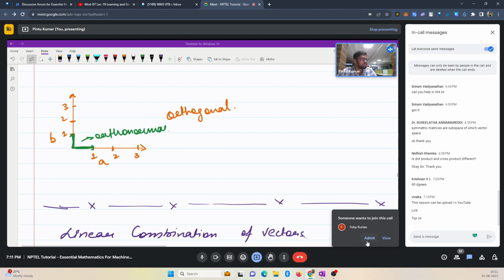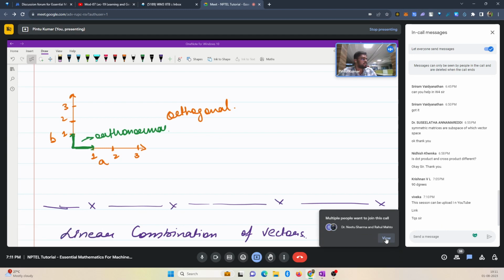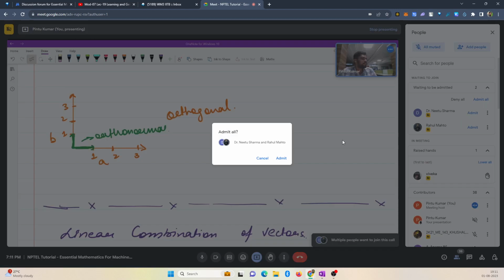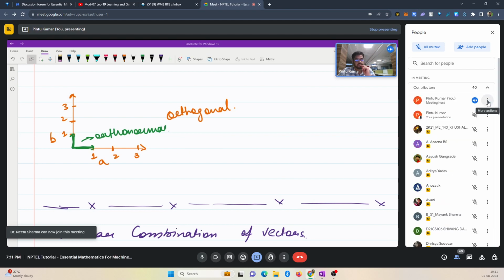This course, Essential Mathematics for Machine Learning, is a great initiative by the professor, trying to cover many different components of mathematics in just one course. But because we are trying to cover a very large portion of the syllabus in just one or two weeks, there is a possibility that you will have many doubts. The professor and I, while taking tutorials, can't go into great depth on every topic.